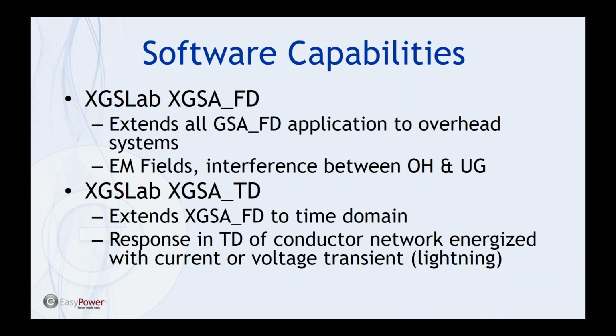Usually this is most associated with lightning, so you can look at the lightning strike dissipation into the soil, the electric and magnetic field generation, determine damage to equipment, tune surge arresters, and determine what might be dangerous to people. It's very helpful, and the XGSA-TD module uses outputs and information from the other modules in the frequency domain to help calculate those things.